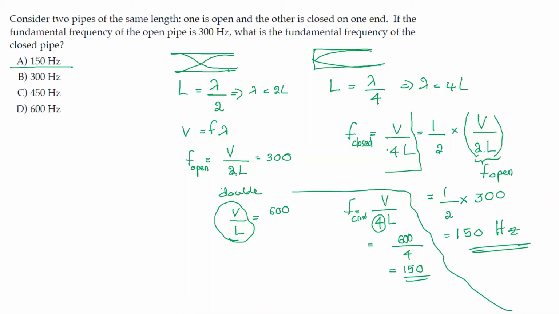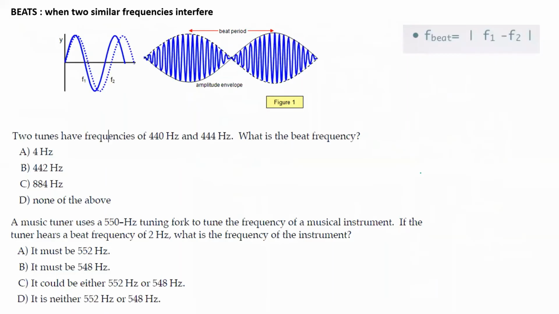So are you okay? Okay. Now we go to the next part, and it is very easy. This is the easiest exam equation that you will find in this lesson. There's something called beats. So how do beats occur?